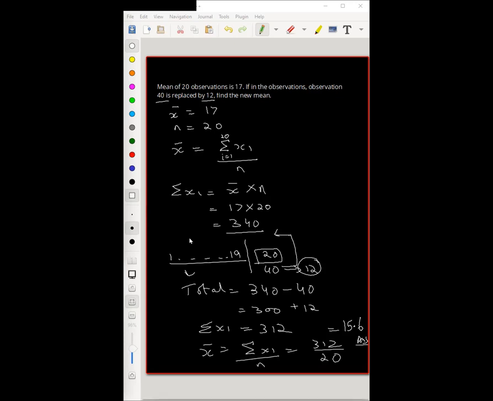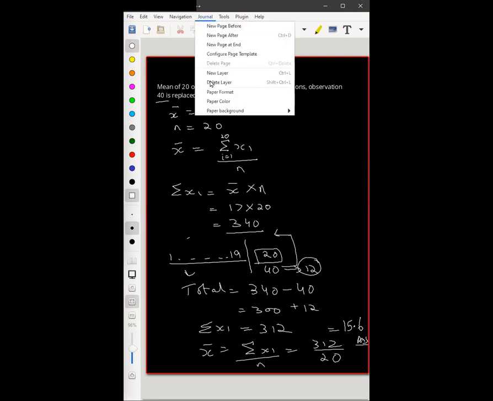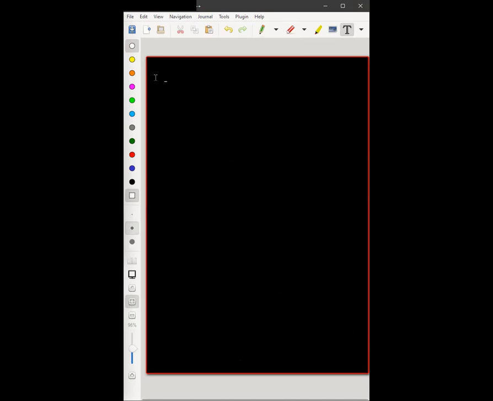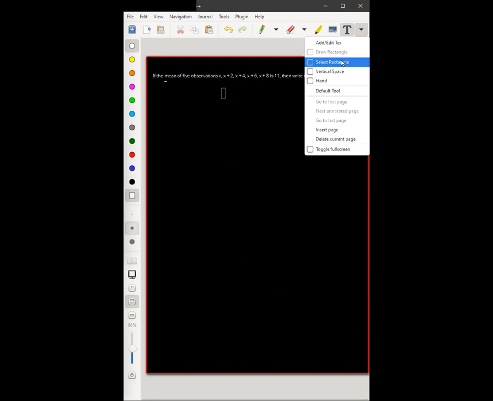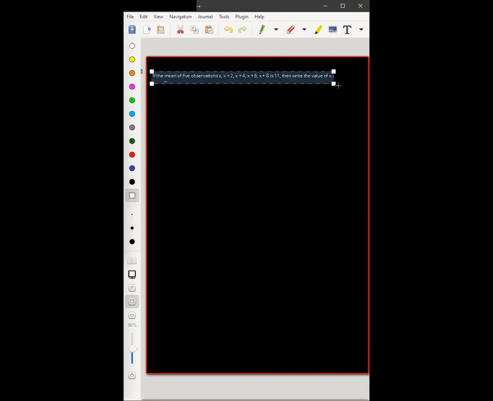Okay, next question. If the mean of 5 observations x, x plus 2, x plus 4, x plus 6, x plus 8 is 11, find the value of x.